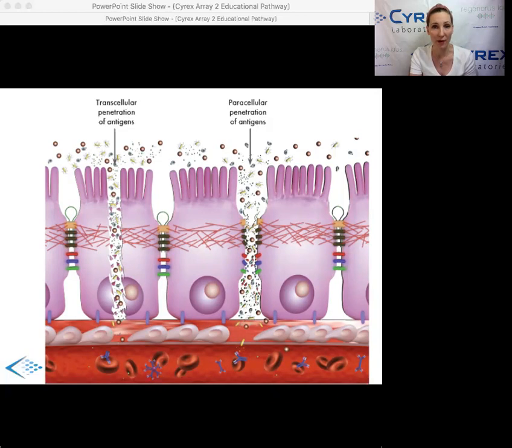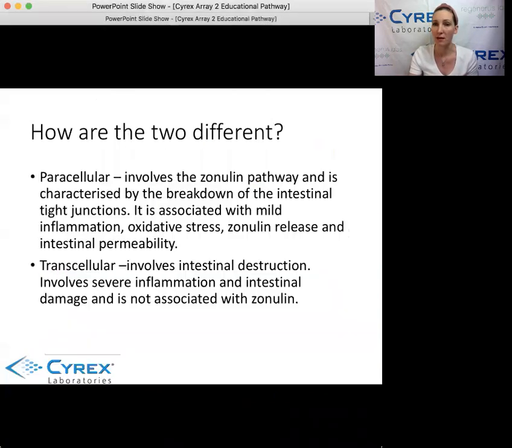But transcellular permeability is where the antigen, the protein, actually the molecule, travels through the interior of the cell itself. So paracellular permeability involves the zonulin pathway, and it is characterized by the breakdown of intestinal tight junctions.